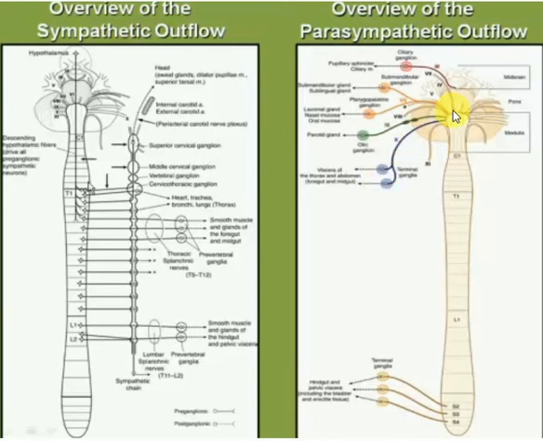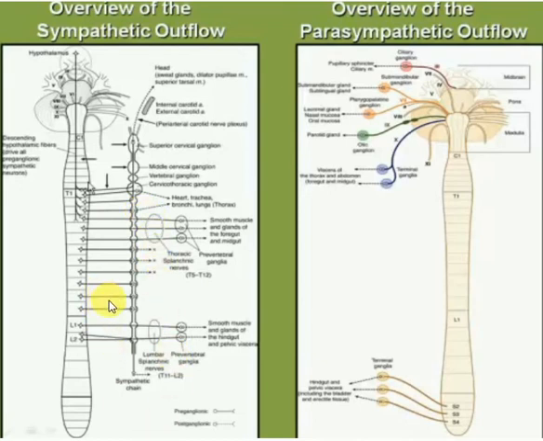So the preganglionic fibers are long in the parasympathetic system, and the postganglionic fibers are short, because the postganglionic cell bodies are located close to the target organs, whereas in the sympathetic system it is the reverse.